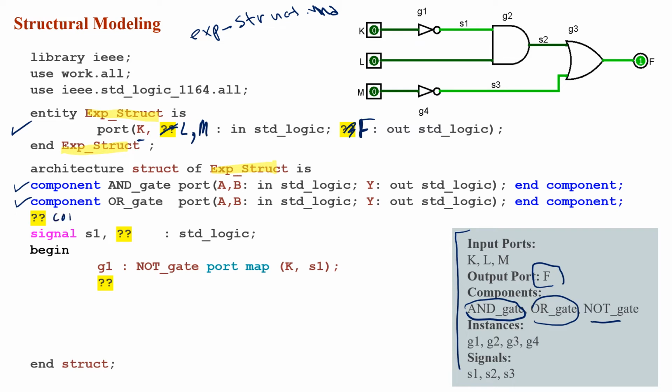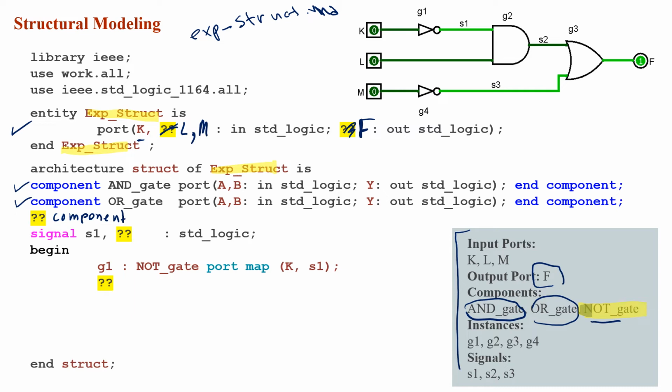So we'll say component, that's part of the syntax, so I have to spell it correctly. And then the name of the component for the NOT gate that I will assume is defined is NOT_gate.